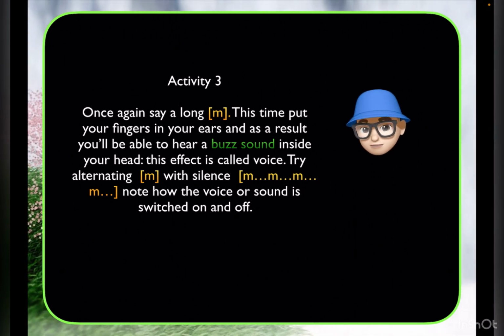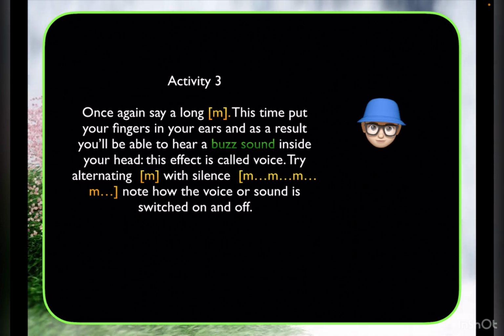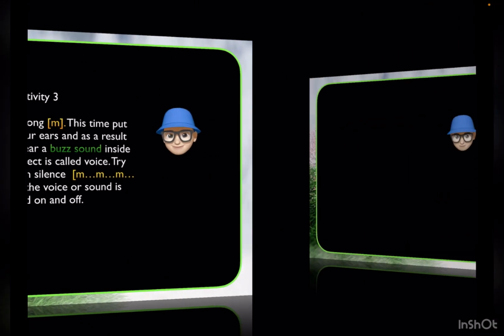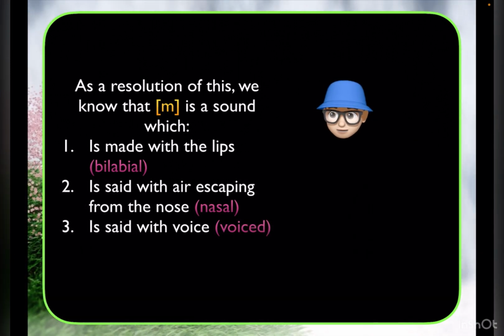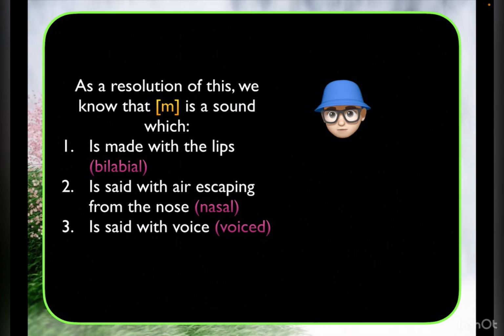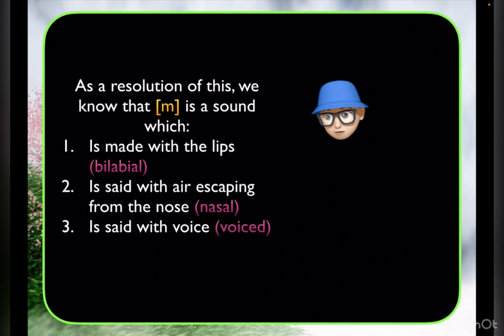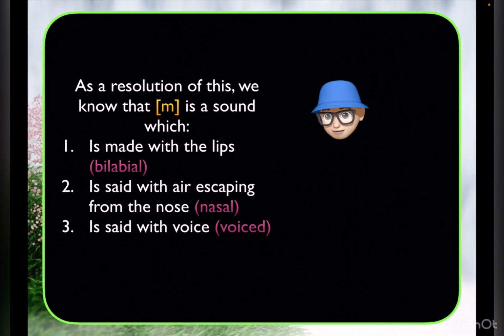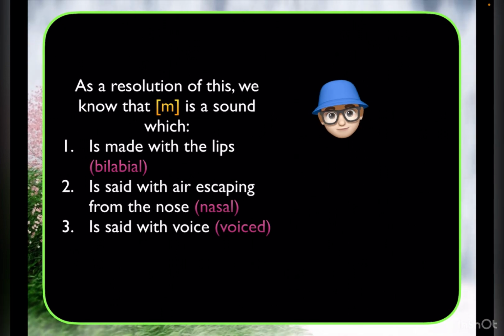Note how the voice or sound is switched on and off. As a result of this, we know that m is a sound which is made with the lips, bilabial, is said with the air escaping from the nose, nasal, and is said with voice, voiced.